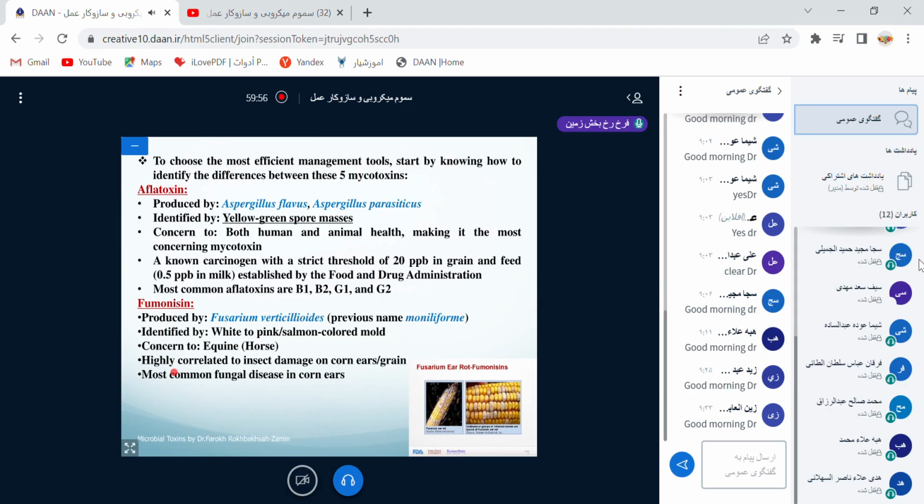Many diseases can be related to the presence of this toxin in these animals. It is highly correlated to insect damage on corn ear grains.